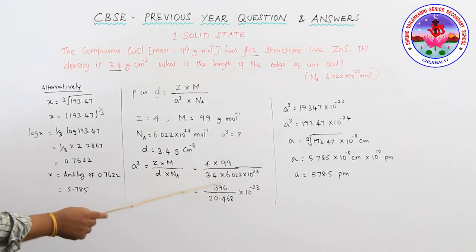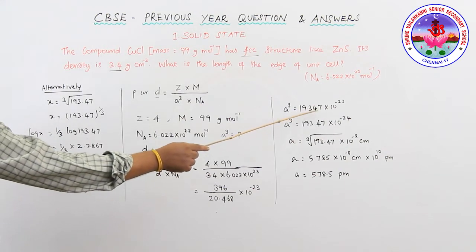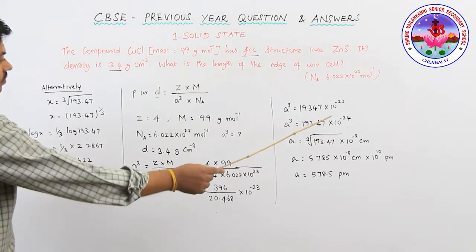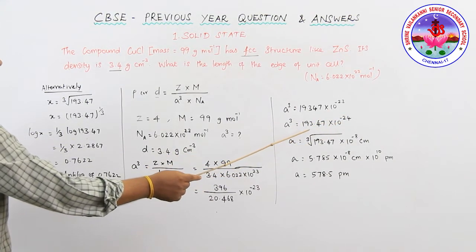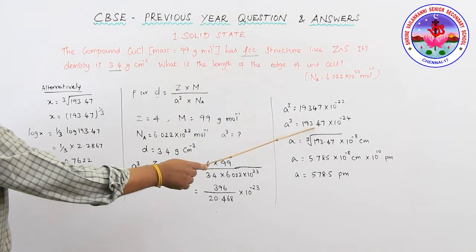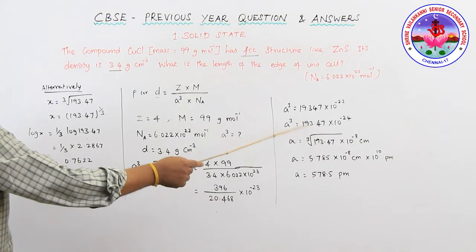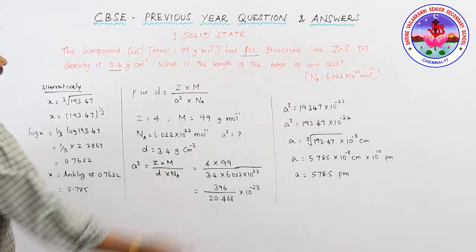After simplification of this, you will get 19.347 into 10 power minus 23. So converting 10 power minus 23 to 24, you have to shift the decimal point: 193.47, that means 19.3 becomes 193. So 193.47 into 10 power minus 24.